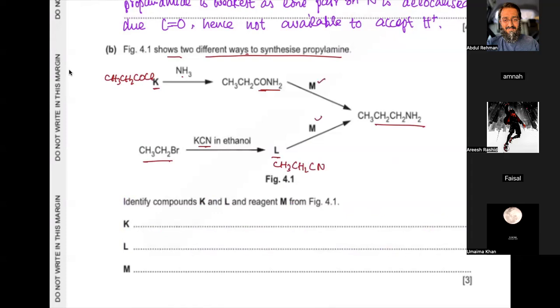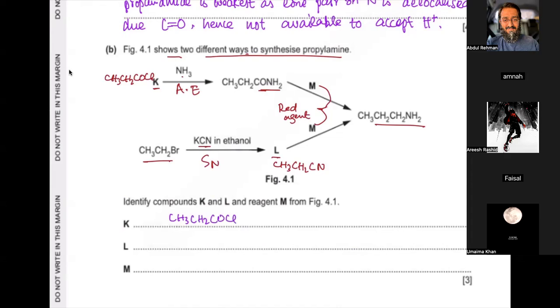So basically, M is actually a reducing agent. So this is a nucleophilic substitution. This is addition elimination, also considered as nucleophilic substitution. So we have identified compound A, that is CH3CH2COCl.